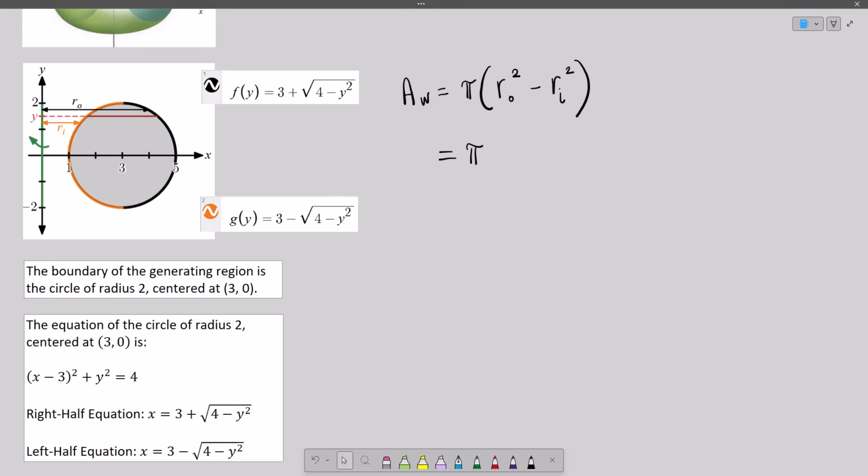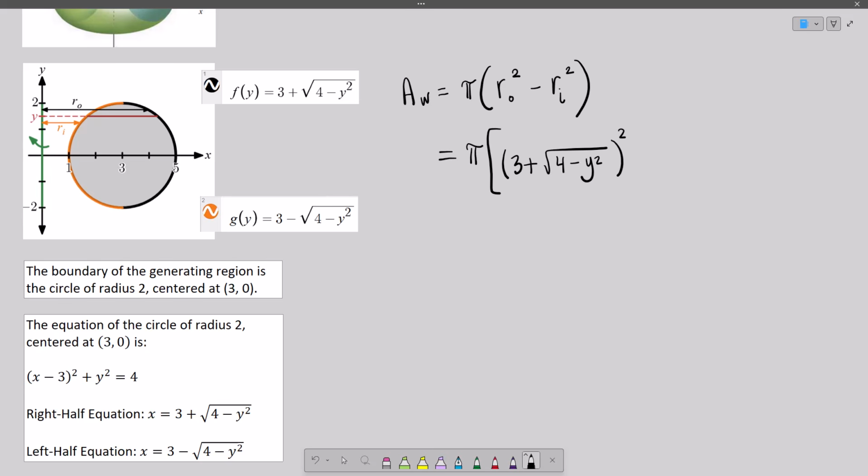So for the black distance right there, that distance is the right x minus the left x. The left x is 0. Right, x equals 0 is this axis of rotation. So our outer radius squared is going to be this mess squared. There's our outer radius squared.